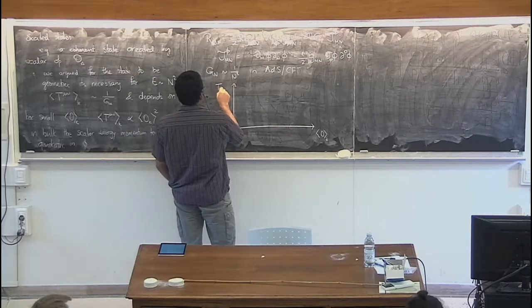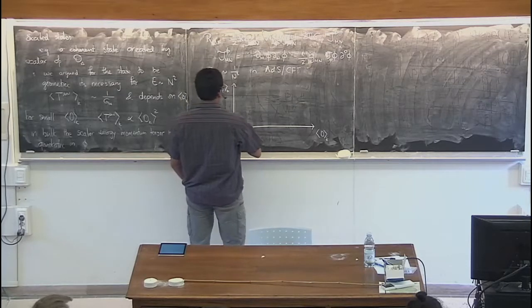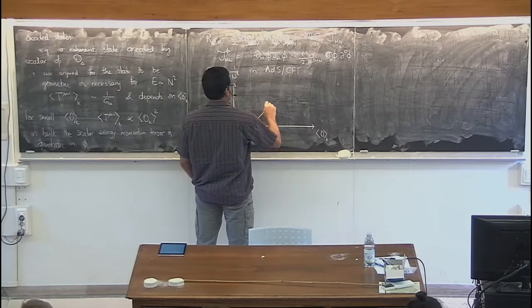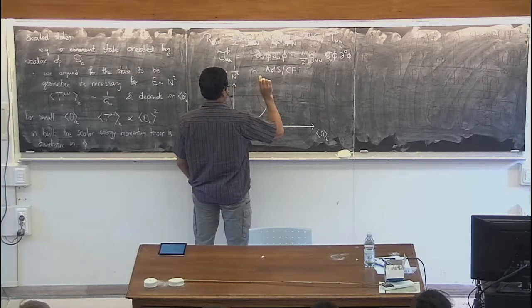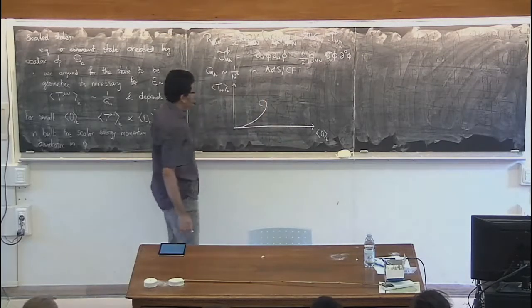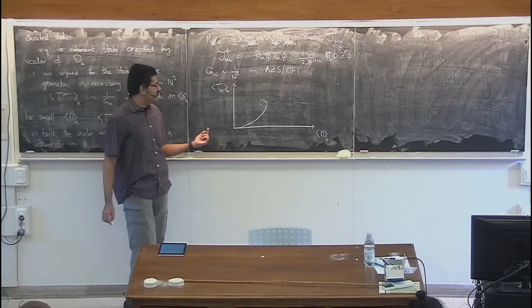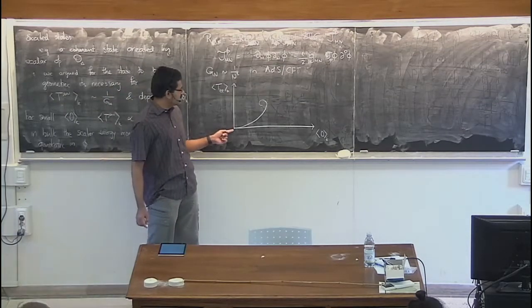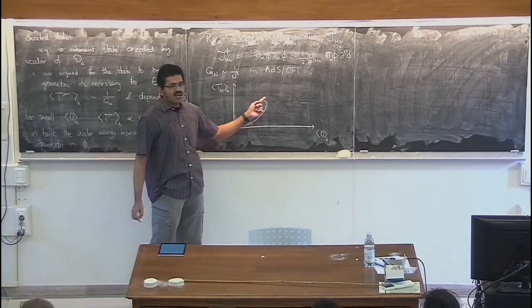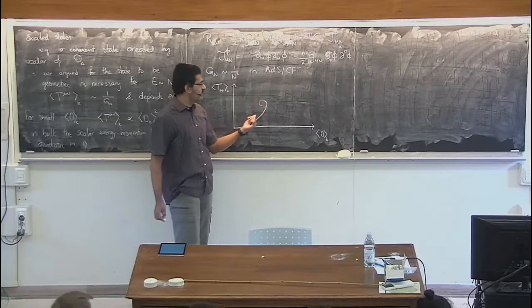Let me talk about the TT component of the energy momentum tensor in this state K. There are phases, depending on what operator you choose, where the energy momentum tensor starts out growing quadratically and has a sort of many to one map, so it's not a function.